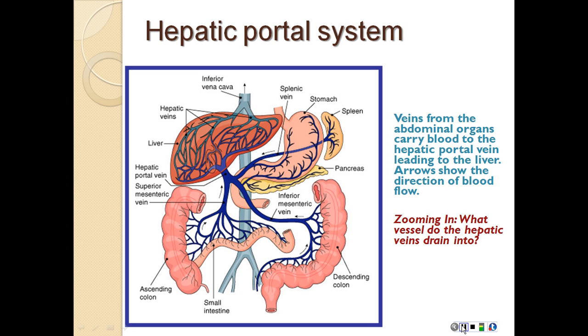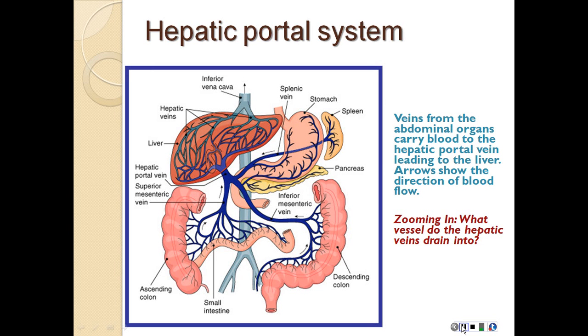And unlike all the other tissues of the body, blood leaving the colon doesn't go directly to the heart. It makes another stop first at the liver. Okay? And that's the same for all of these digestive organs. You can see the small intestine, blood leaving the small intestine doesn't go directly to the heart. It first makes a stop at the liver.